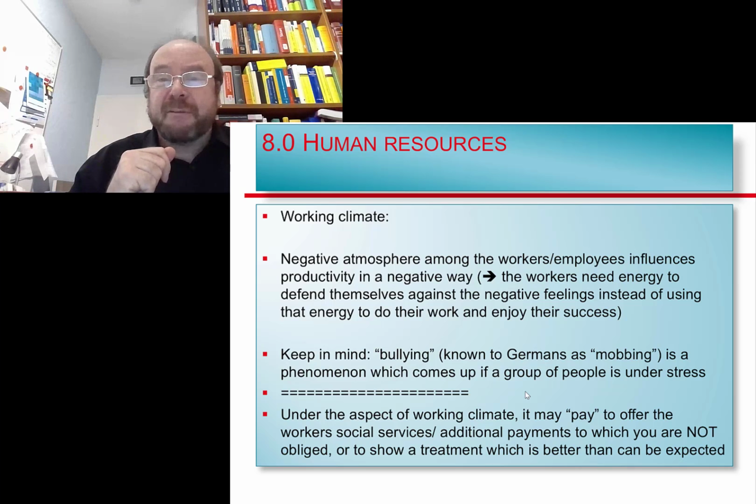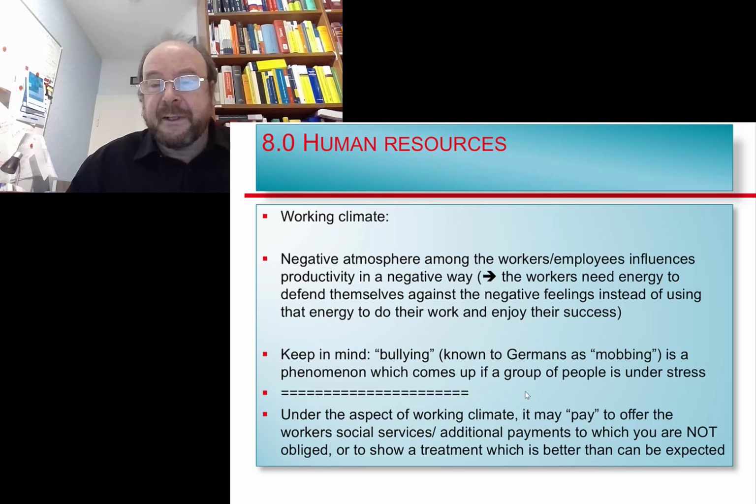Then much of your time goes away on that and you work less. Well, then bullying, or being bullied better, is also one of the major sources of getting people sick in the long run. So it's naturally interesting to find out about determining factors for that and how an employer can prevent that and other things.